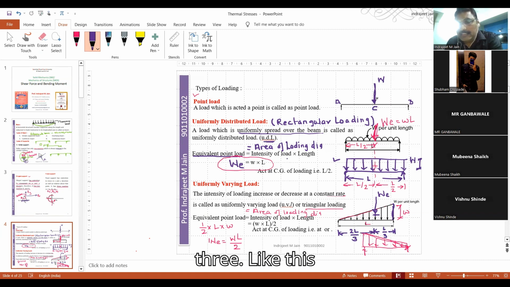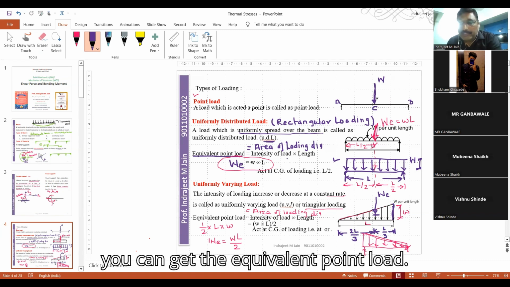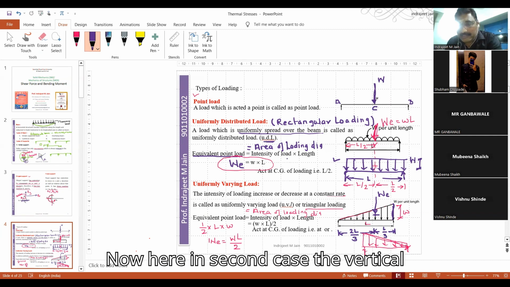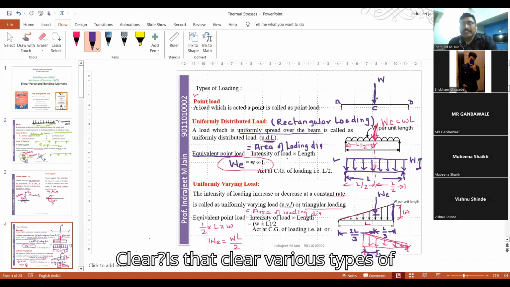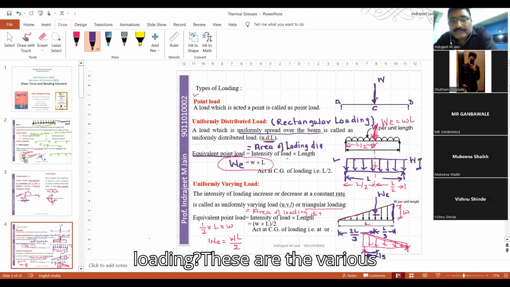Clear? Like this, you can get the equivalent point load. Now here in the second case, on the left side, it is 2L, sorry, from this side, it is L by 3. Is that clear?